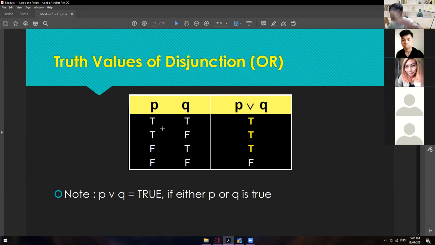So, TT is of course T. TF is still true. FT is still true. But if all of these statements are false, then that's the time that the result will become false. Ganun lang kasimple. So, I hope na-gets nyo tong logic ng or natin. Note P or Q is equal to true if either P or Q is true. Just at least one.